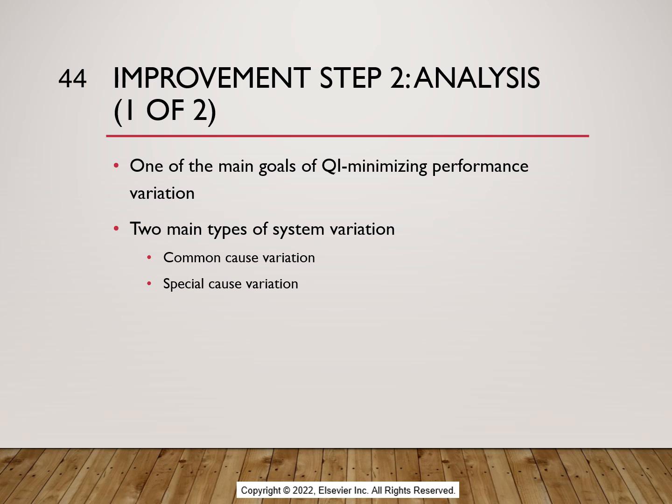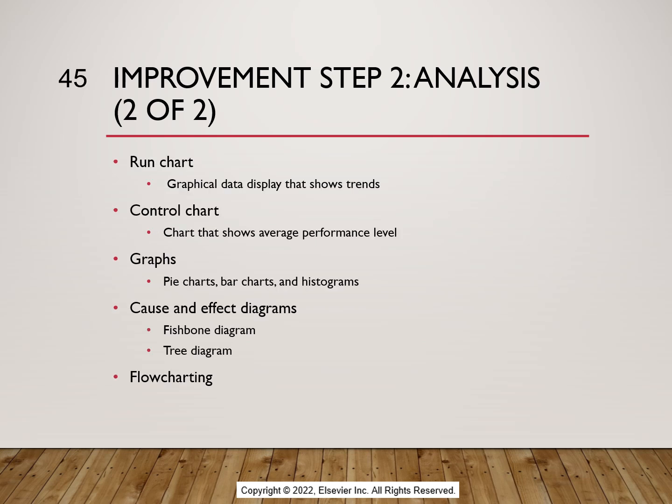And that's in many of those models for QI, especially Six Sigma. Six Sigma looks to eliminate process variation. And these are some examples of tools in order to interpret some data.